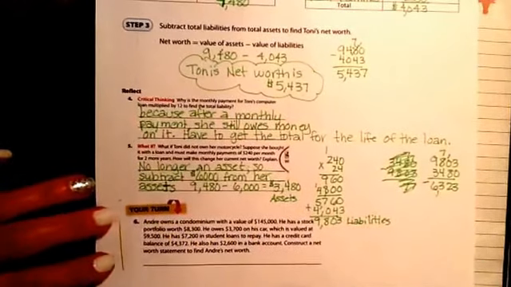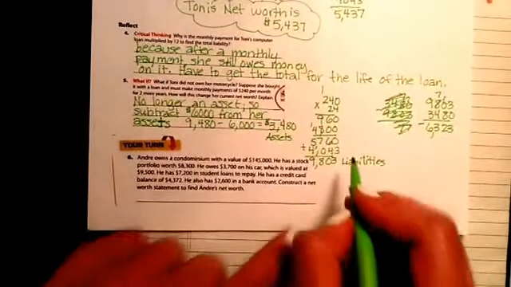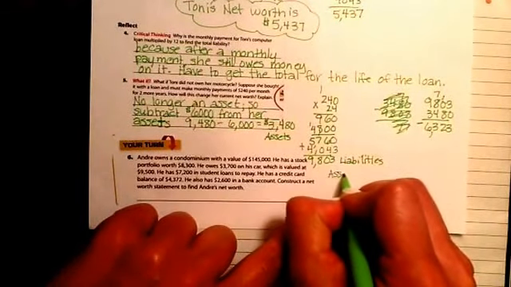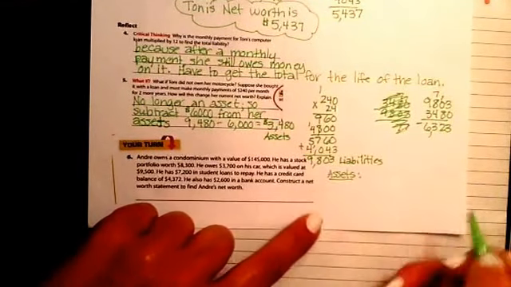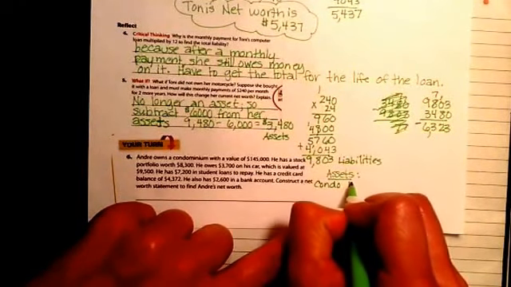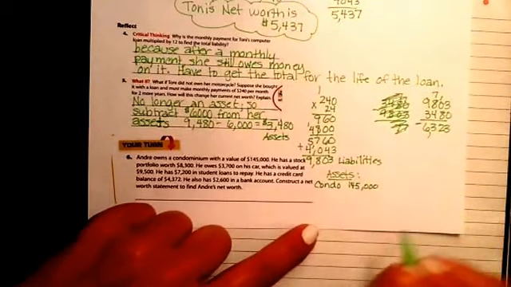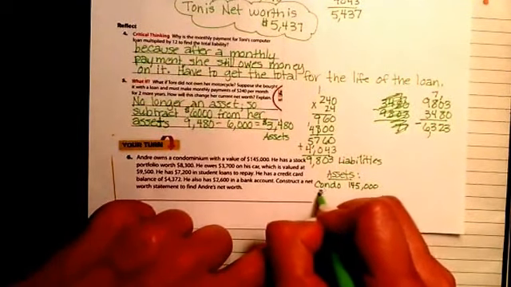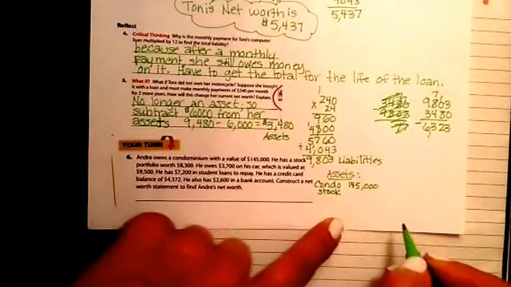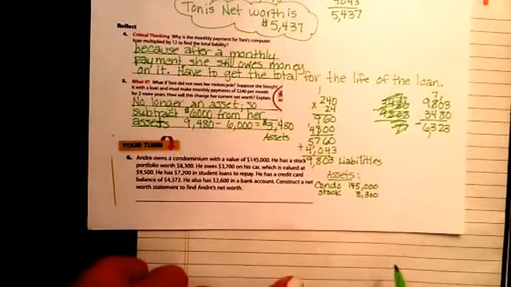Okay, so let's first calculate his assets. His condo is $145,000. His stock portfolio, I'm just going to put stock, is $8,300.